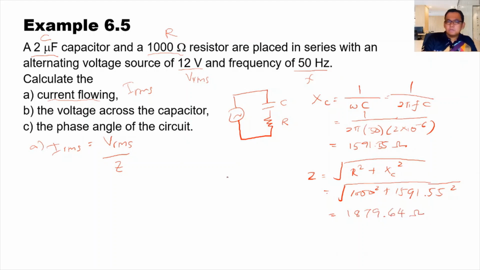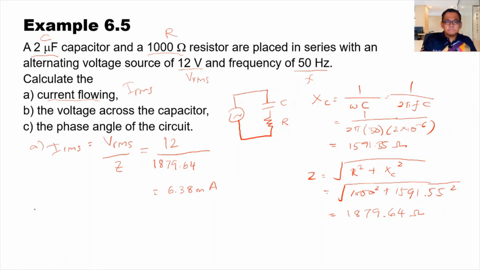Now we have the impedance of the circuit. So we can substitute the value here. The given RMS voltage is 12, so we just divide it by the value of impedance that we just got, and we get the answer 6.38 milliampere.